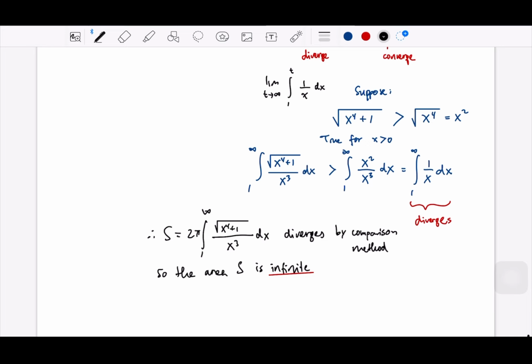So that's just one point that I need to add. There is a case where you can compute the volume and find the number, but the surface area is infinite. We call it the Gabriel horn.